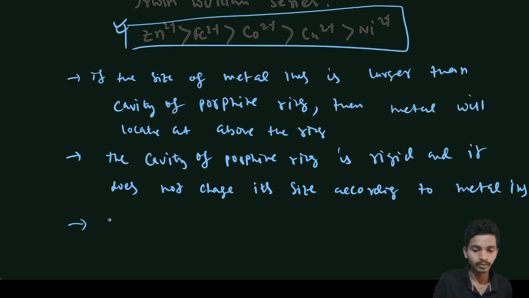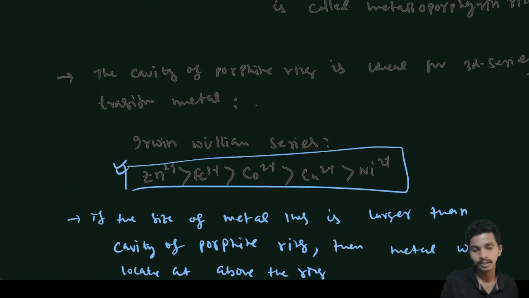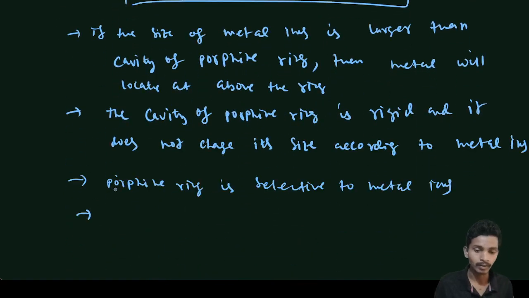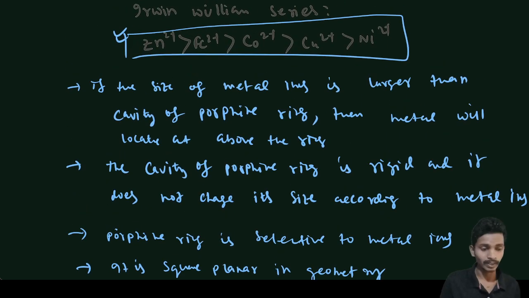So the porphine ring is selective to metal ions. These are some characteristics of porphine rings, and one more thing is that it is square planar in geometry. Okay, so these are some points on porphine rings.